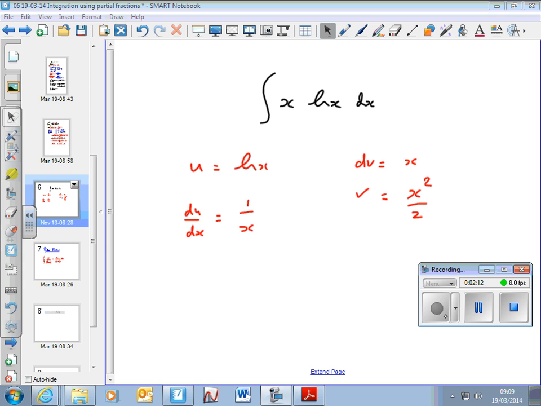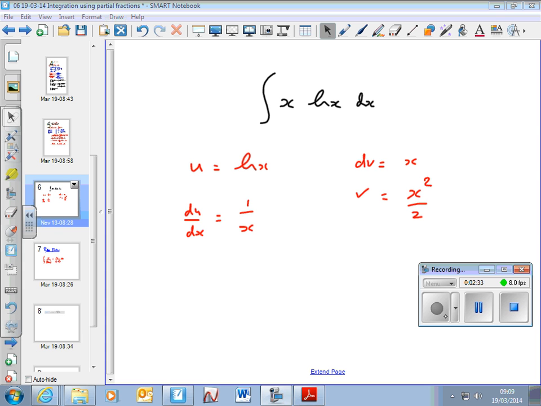So if we try it, du by dx equals 1 over x. First of all, differentiating u, looking at our table of differentials, the differential of log x is 1 over x, so that's where that comes from.